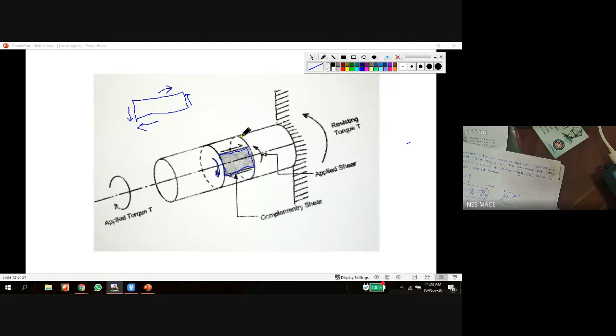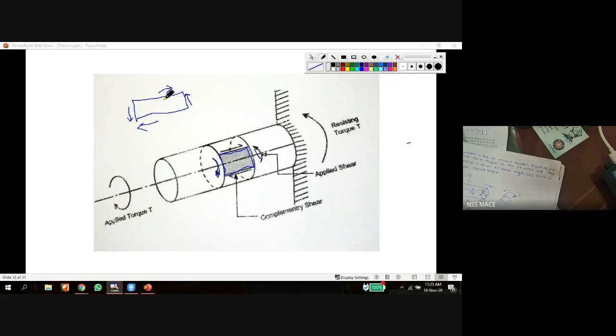If you cut along this cross section, a shear stress will be developed here. So two equal and opposite shear forces are developed.